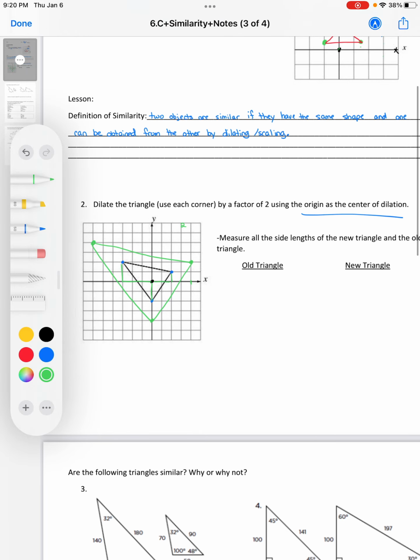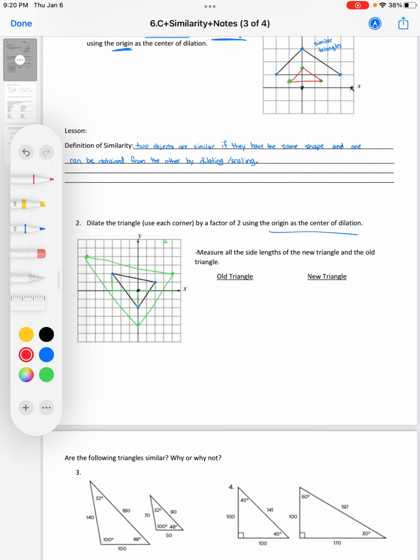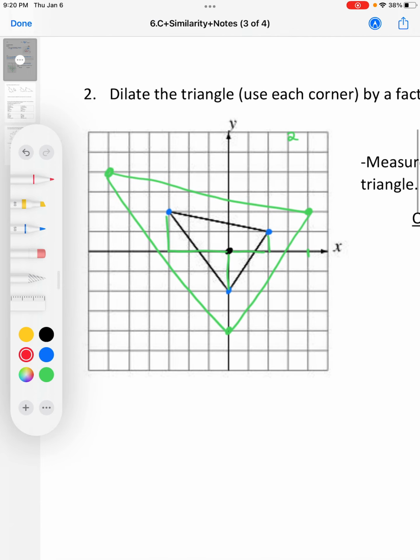So if we measure all the side lengths of the triangle, I'm not going to make us do this with a ruler and try to measure it, but really this distance right here is just going to be 2 times that distance because we times everything by 2.